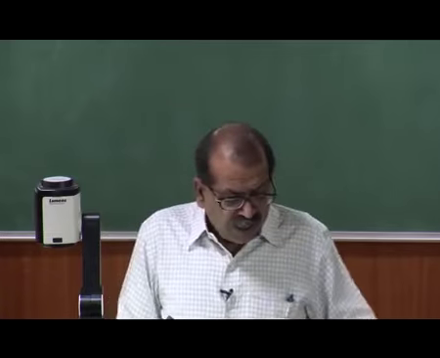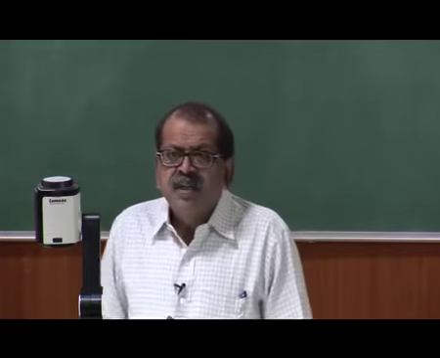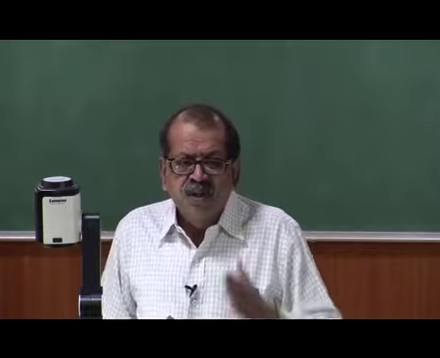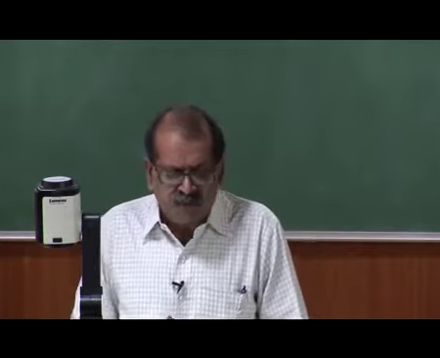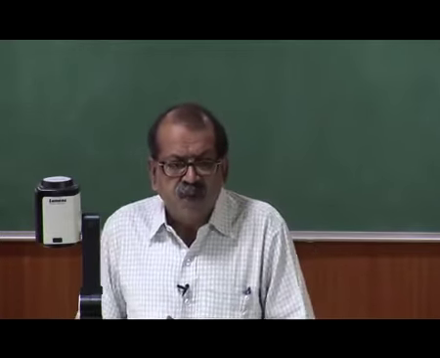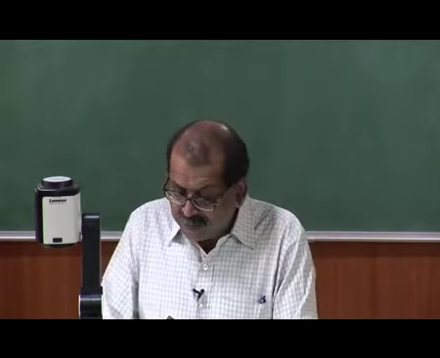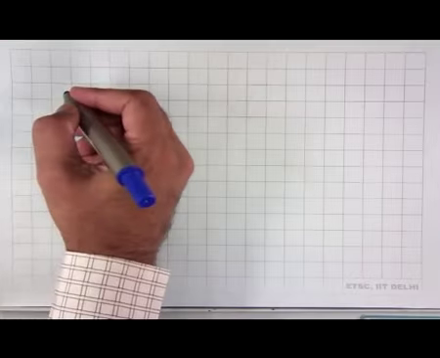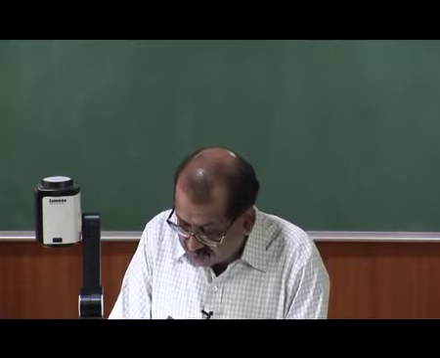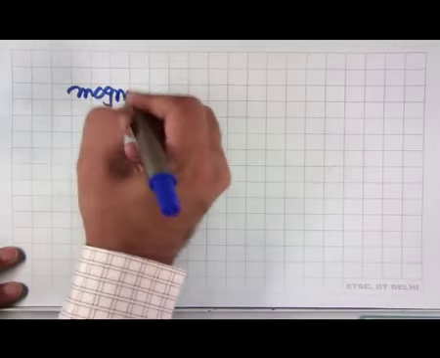Graphically, if we have the xt curve, the slope of the xt curve will give us the velocity. So, the magnitude of instantaneous velocity is defined as instantaneous speed.